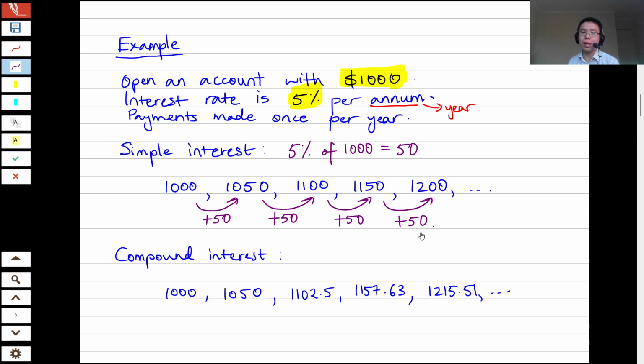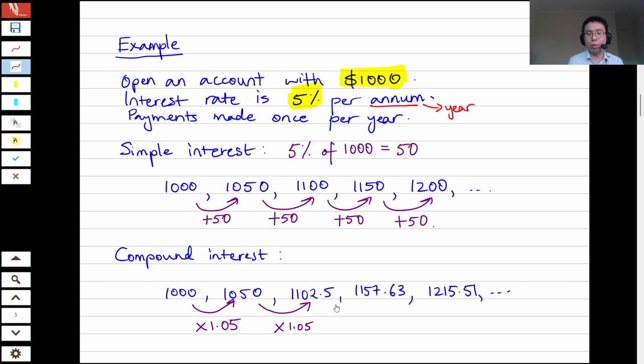Compound interest is kind of a better deal for you. So instead of finding 5% of 1,000 and doing that calculation once and using that same payment each time, compound interest literally compounds the interest. It recalculates the amount. So instead of finding 5% of 1,000 and applying that every year, what we're going to do is find 5% of 1,050 and then add that.